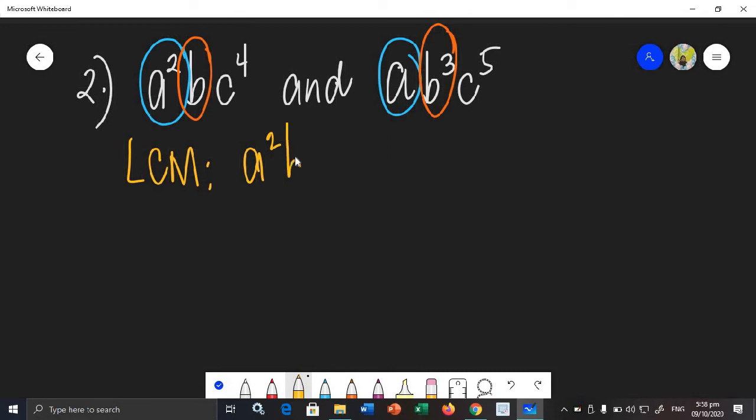Of course, we will choose the one with the higher exponent, B cubed. And for our last variable, C to the fourth and C to the fifth power, we will choose C to the fifth power because it is higher. Therefore, the LCM of these expressions, or of these denominators, is A squared, B cubed, and C to the fifth power.